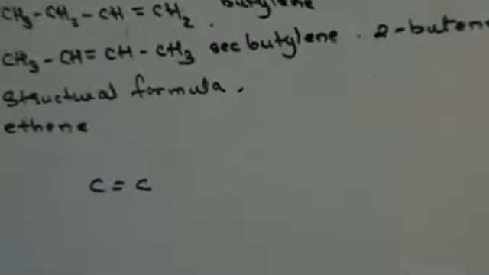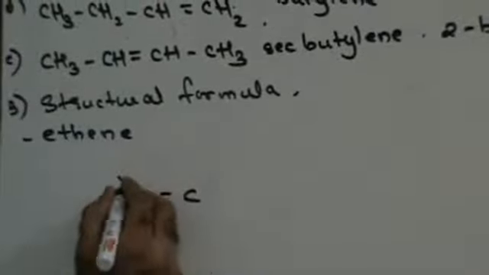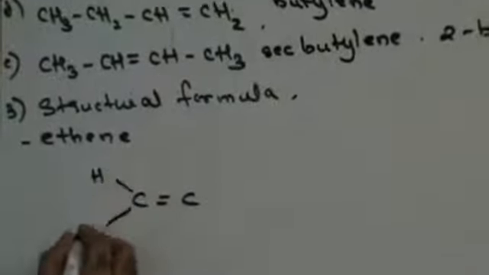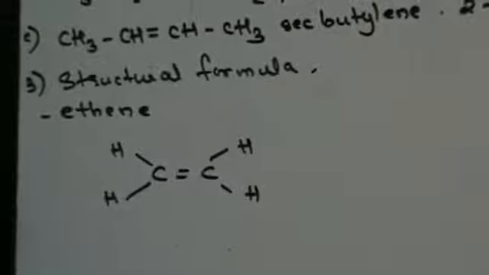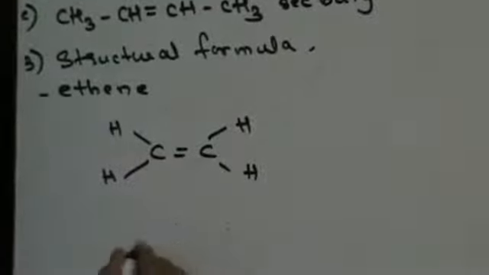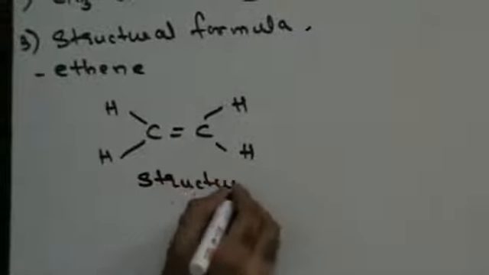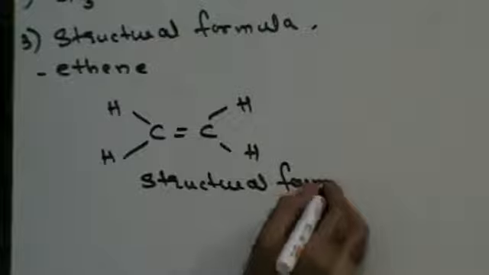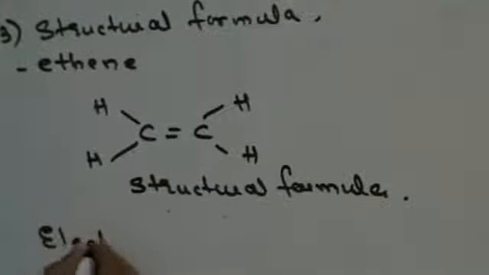Now we know that the valency of carbon is 4. That means 2 hydrogens here, 2 hydrogens here. That's going to be my structural formula, right? This was my structural formula. Same if I see the electronic structure for this.